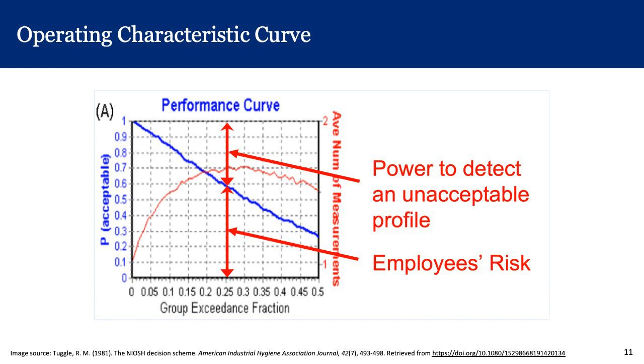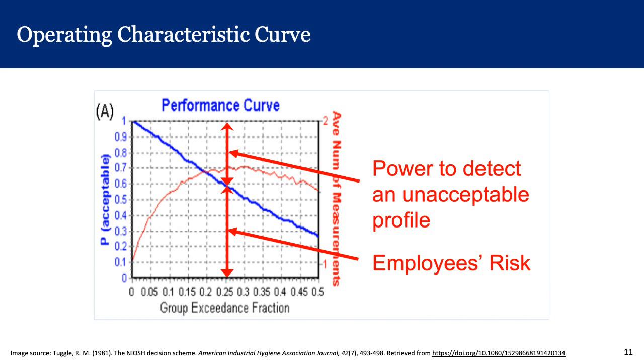So in this figure from the paper by Tuggle, the x-axis represents the exceedance fraction for a particular worker, and the y-axis represents the probability of deciding that exposures are acceptable. So let us assume, as he did, that a worker has an exposure profile with a geometric standard deviation of 2.